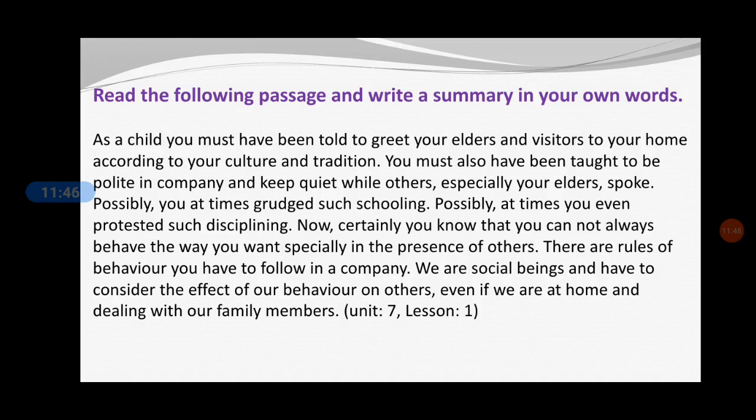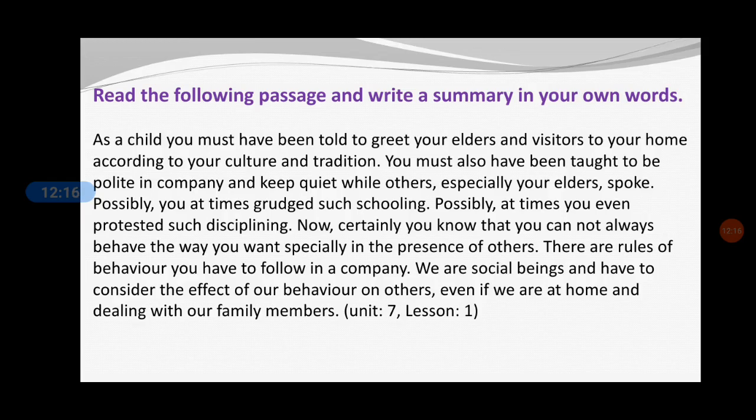Now, certainly, you know that you cannot always behave the way you want, especially in the presence of others. There are rules of behavior you have to follow in a company. We are social beings and have to consider the effects of our behavior on others, even if we are at home and dealing with our family members.